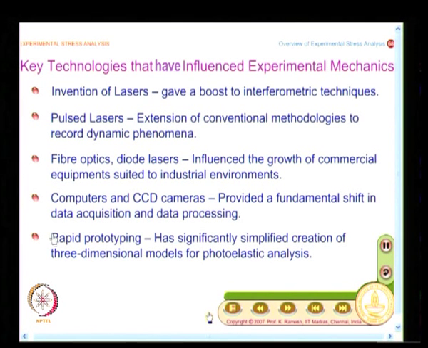And parallelly you also had development in manufacturing, you have what is known as rapid prototyping, and this has significantly reduced the lead time in fabricating a prototype. And fortunately, one of the rapid prototyping technologies known as stereolithography uses a certain kind of resin which is also photoelastically sensitive.